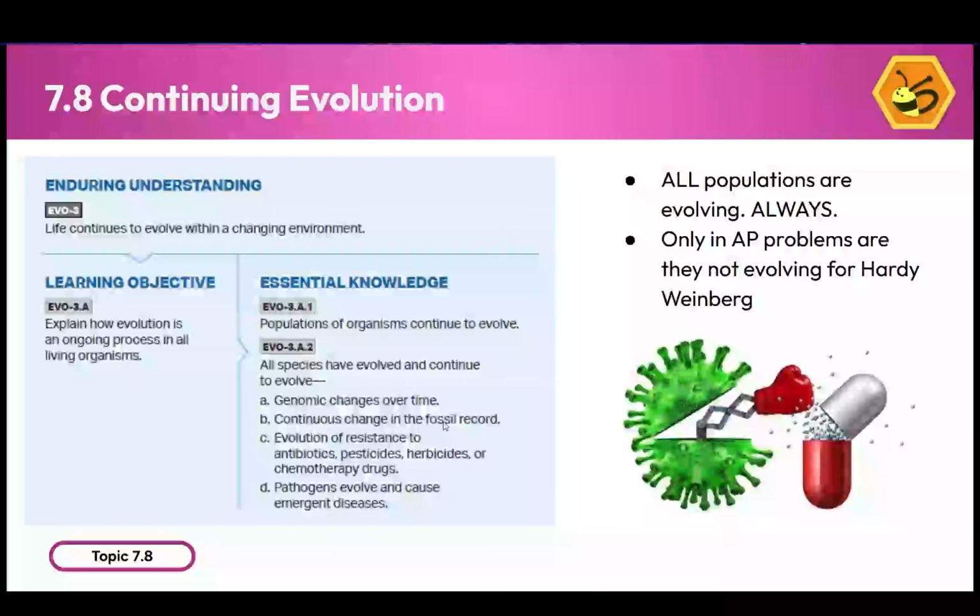Continuous changes in the fossil record, as I said before, can be dated, and the evolution of bacteria with more resistance to antibiotics, pesticides, herbicides, and chemotherapy drugs shows that bacteria are evolving over time. The fact that pathogens are evolving and bypassing our vaccines also shows that they're evolving.